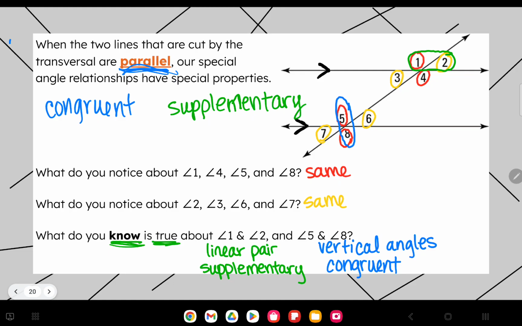So 5 is congruent to 8, 1, and 4. 5 is supplementary to 7, 6, 3, and 2.